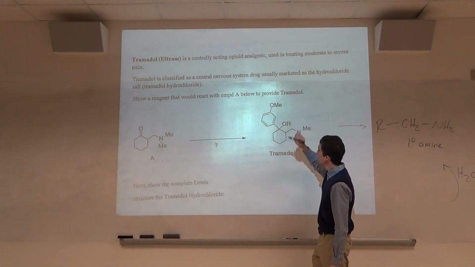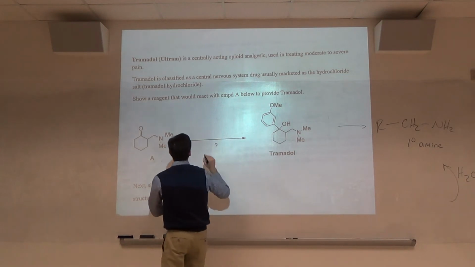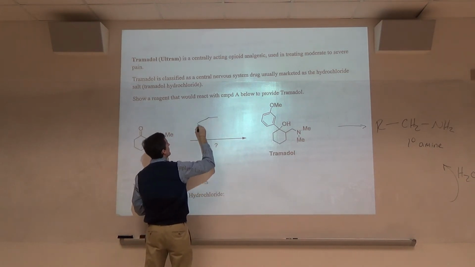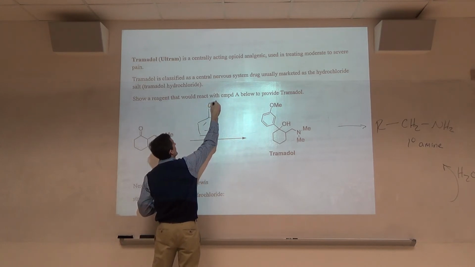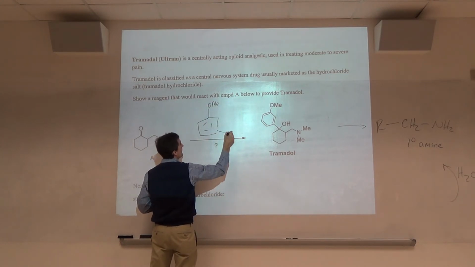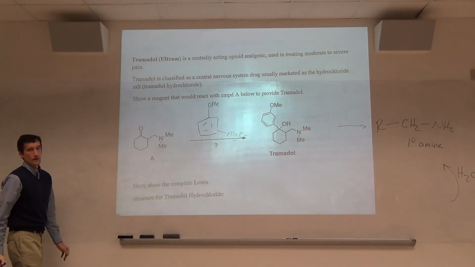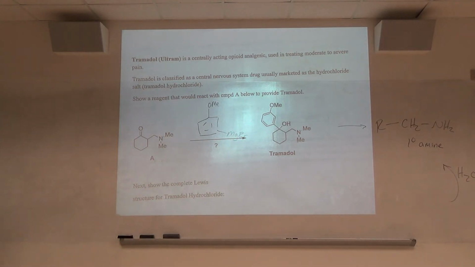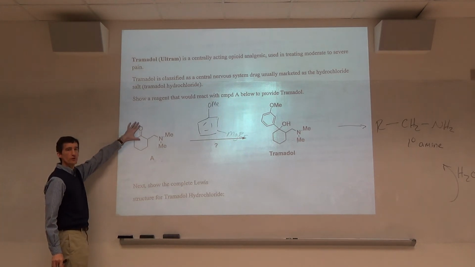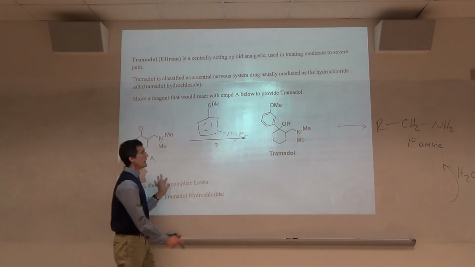Grignard, ethyl, fatal. You've got a ketone here you were given to start with. Which bond do we need to make?